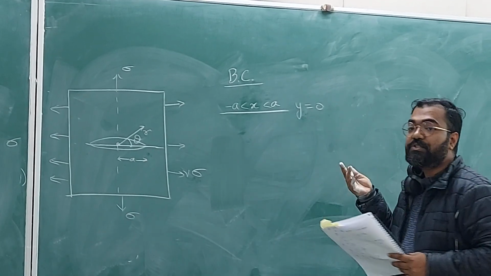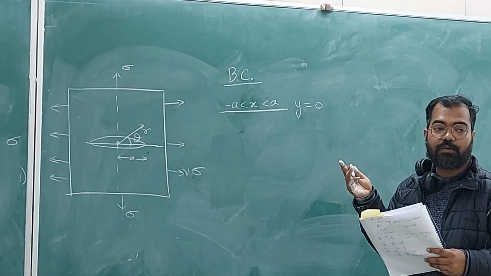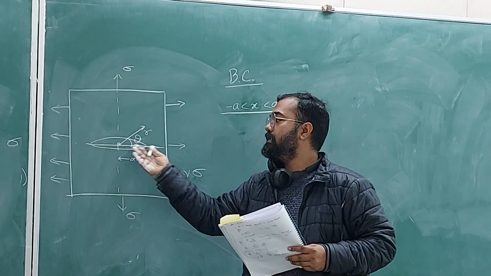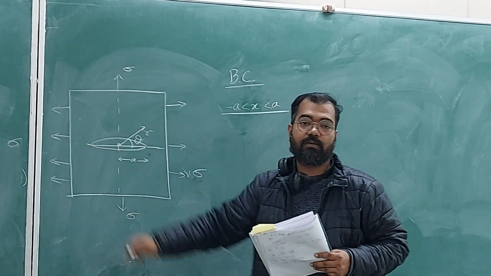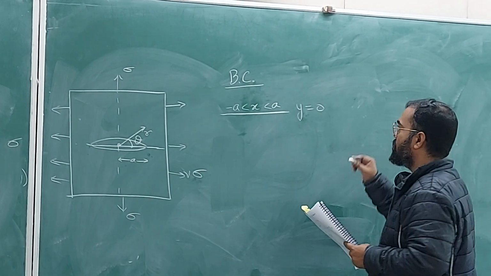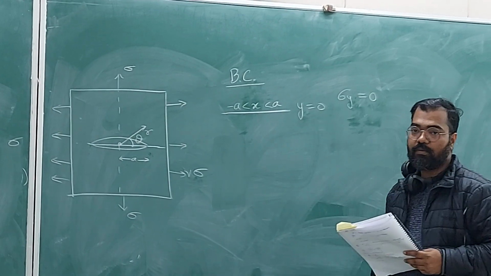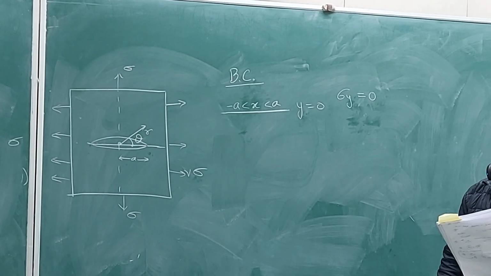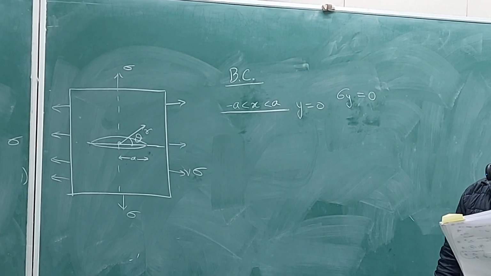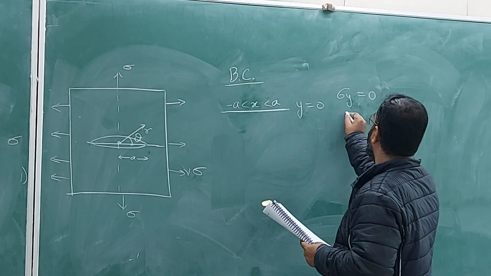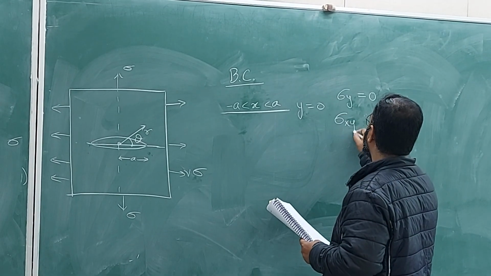What stress will be 0 for sure along that line, from here to there? We cannot have stress on the surface, right? So along that line sigma y must be 0, right? We cannot have also shear stress.